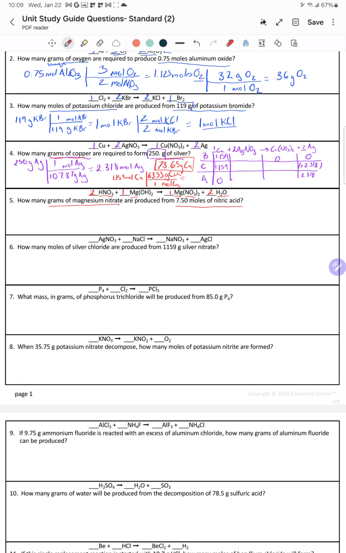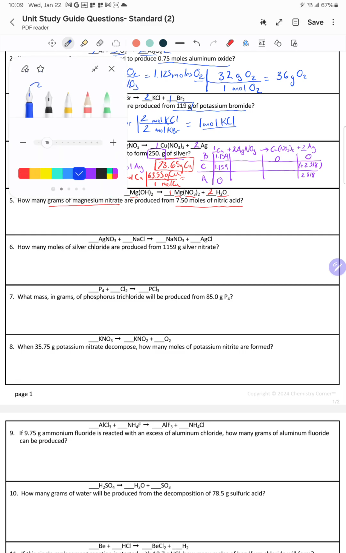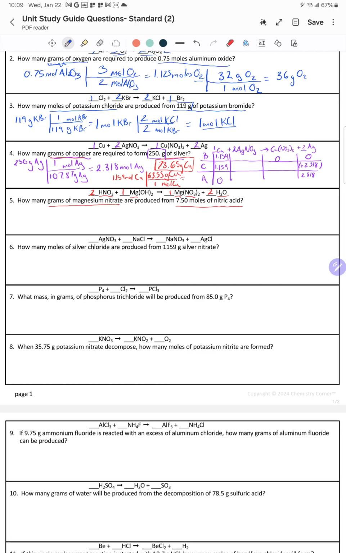Okay, so now let's start by converting moles of nitric acid to moles of magnesium nitrate. So I'm starting out with 7.50 moles of nitric acid, which is HNO3. And I'm going to use my picket fence to set up my mind where it needs to be.